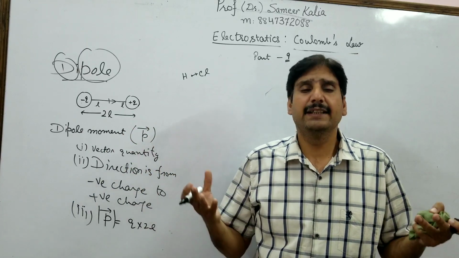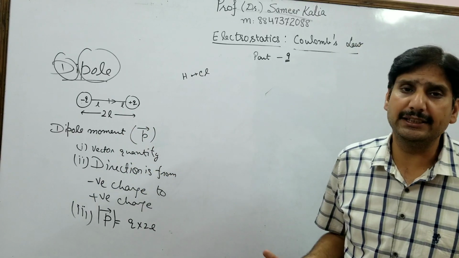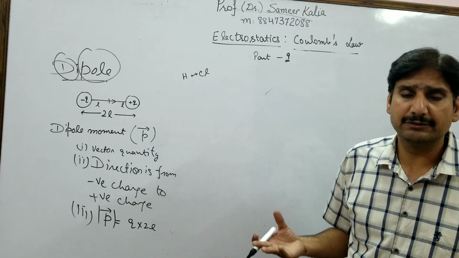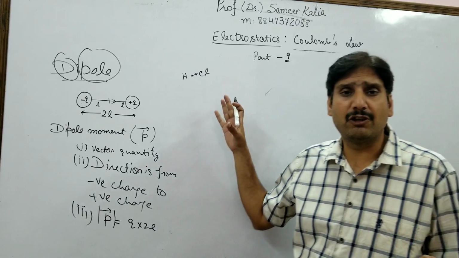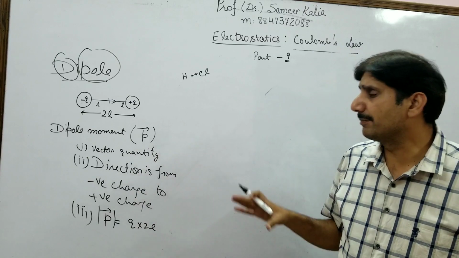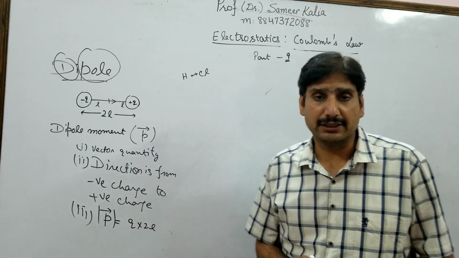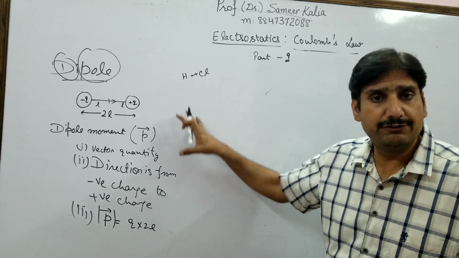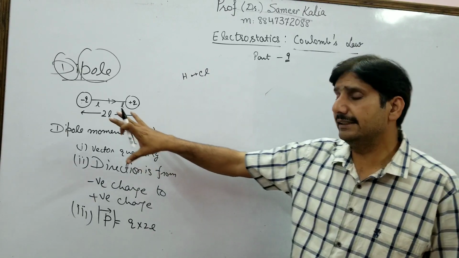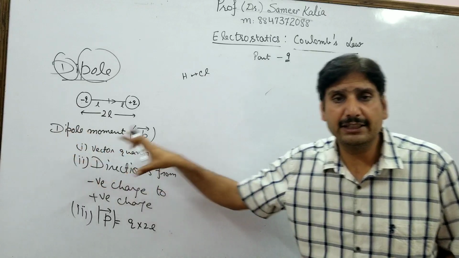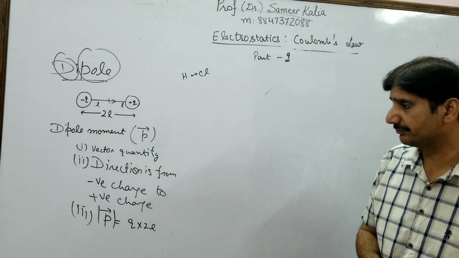It doesn't make any difference. The direction is purely conventional in nature, and whichever convention the chemistry people or the physics people follow, there is no problem at all as long as we stick to a particular convention. So in physics we follow the convention that the dipole moment is from negative to positive direction.